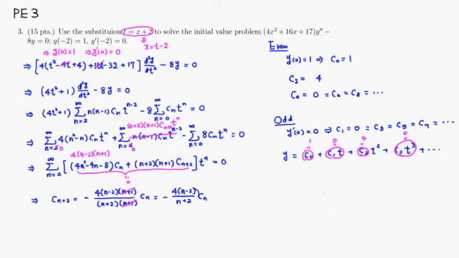So we know that this is going to be simply 1 plus 4t squared, which is equal to 1 plus 4 times x plus 2 squared, since t is x plus 2. That's how they found the solution of the initial value problem.